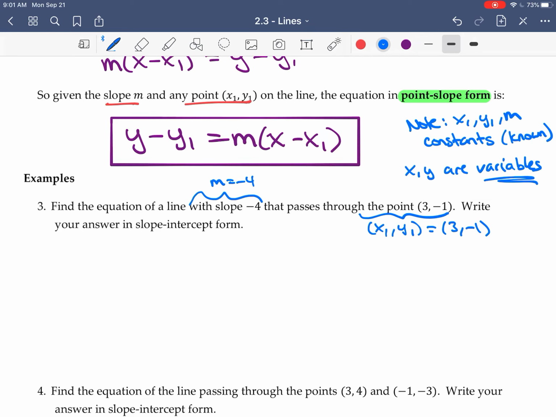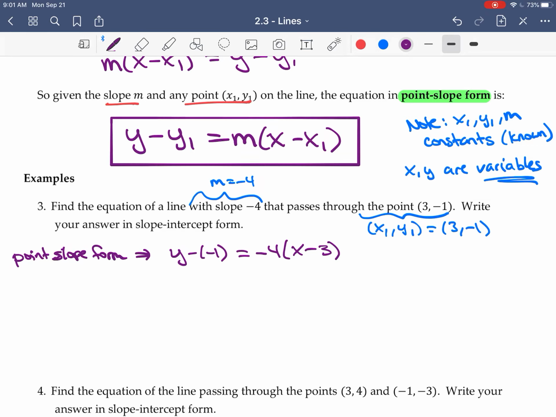We can use the point slope form, but they want us to give our answer in slope intercept form. So the point slope form gives us that our equation should be y minus -1, so minus y1, is m, so -4, times x minus x1, which is 3. So that's in point slope form.